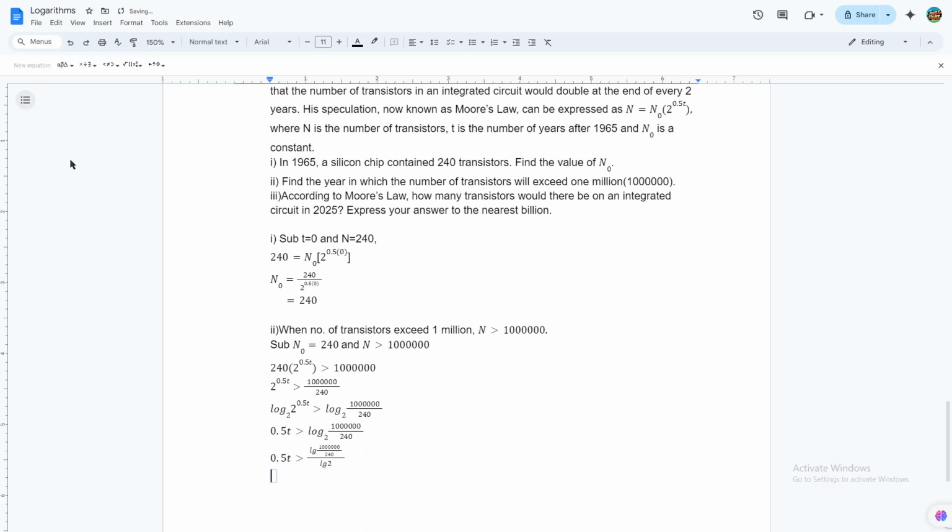If we use a calculator, t will be greater than 2 times this whole chunk, which we can finally key into the calculator. So t is greater than 24.049.